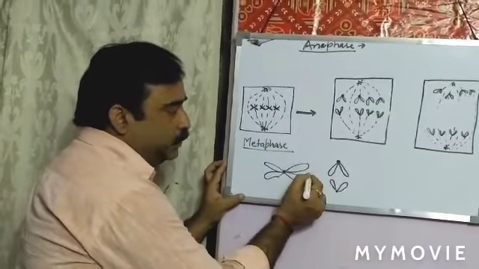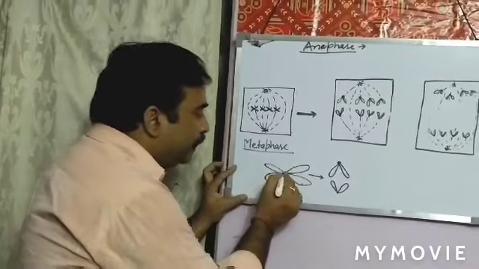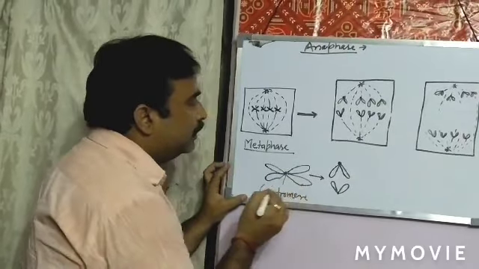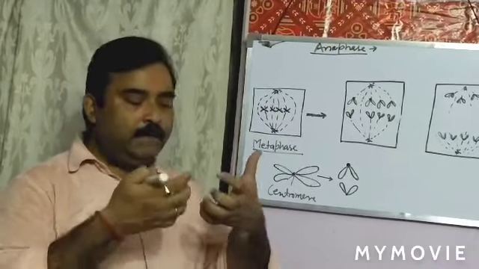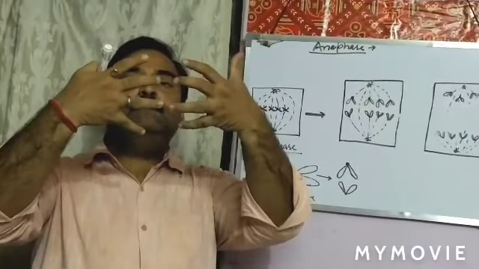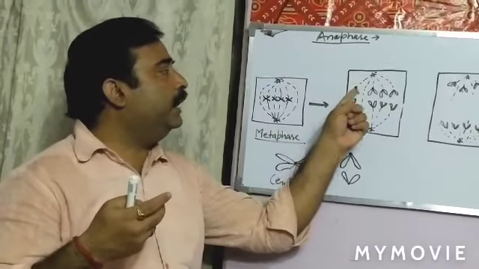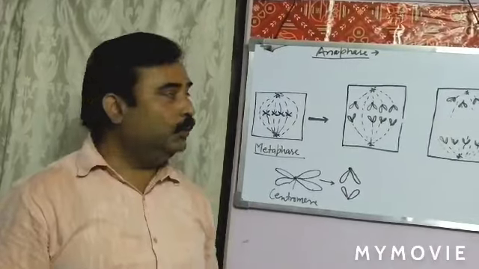So this is the splitting of the chromosome. From where? From the centromere. Clear? So all the chromosomes arranged on the equatorial plate, due to the contraction of the spindle fiber, split and the sister chromatids start moving towards the opposite poles.